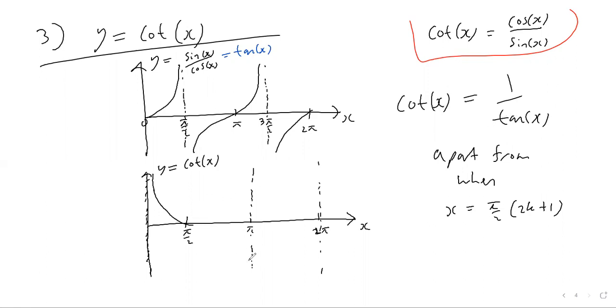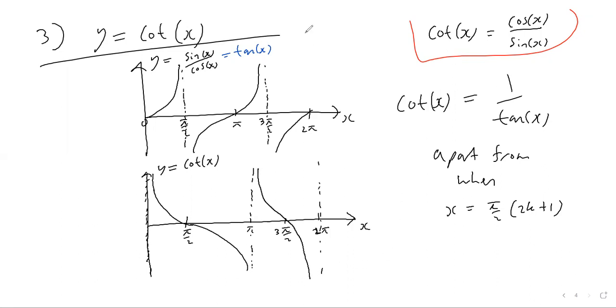So we're starting from below here and then we're going to there. So that's what that's going to look like there. And then again, the graph's going to repeat itself. The tan graph has a period of pi radians. So that means the cot graph has a period of pi radians too. So it's going to kind of go like this. And again, going straight through at 3 pi over 2 and down like that.